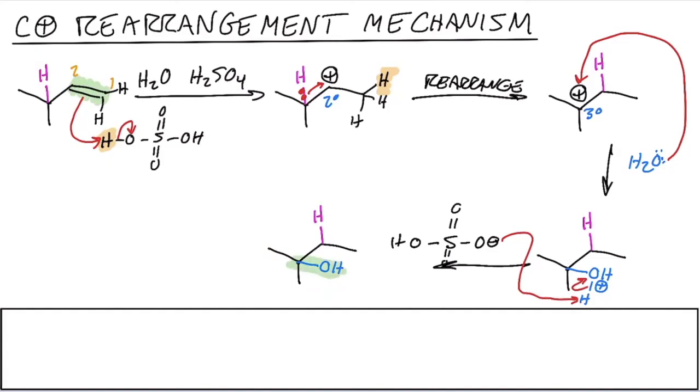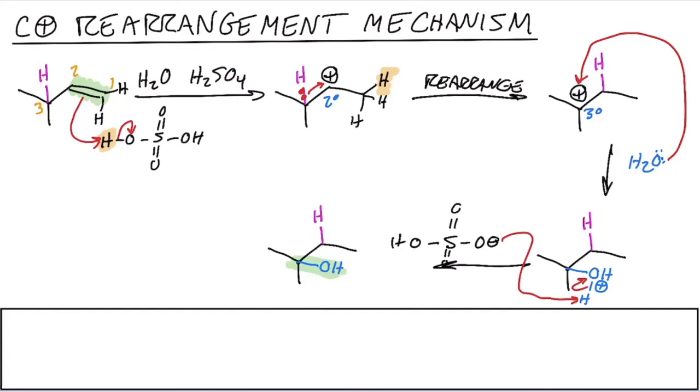If we continue our numbering the same way, let me draw that out explicitly. This is carbon number 3. So how is that possible when the alkene was at carbons 1 and 2? It happens because of this rearrangement. So if you're asked to draw a mechanism and it seems like the product doesn't really make sense because it's not where the alkene was, there's probably a rearrangement going on.